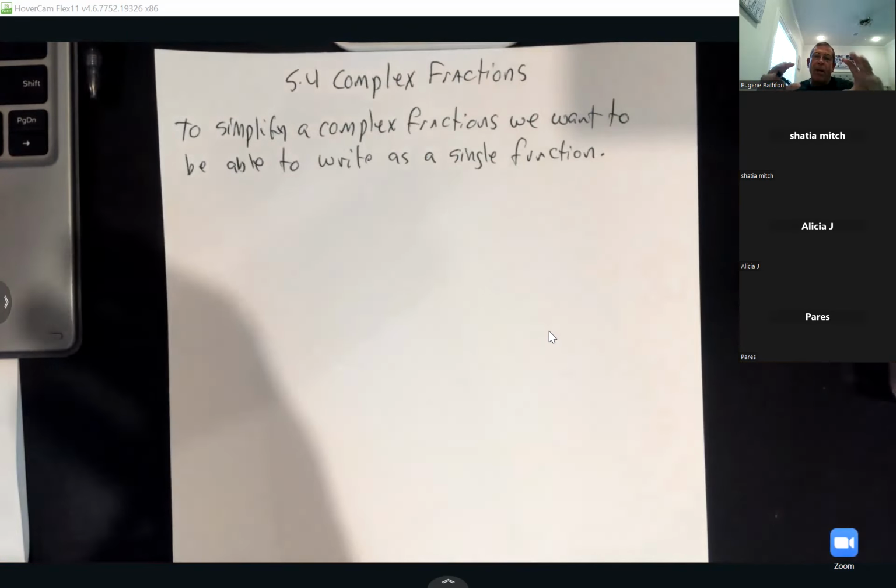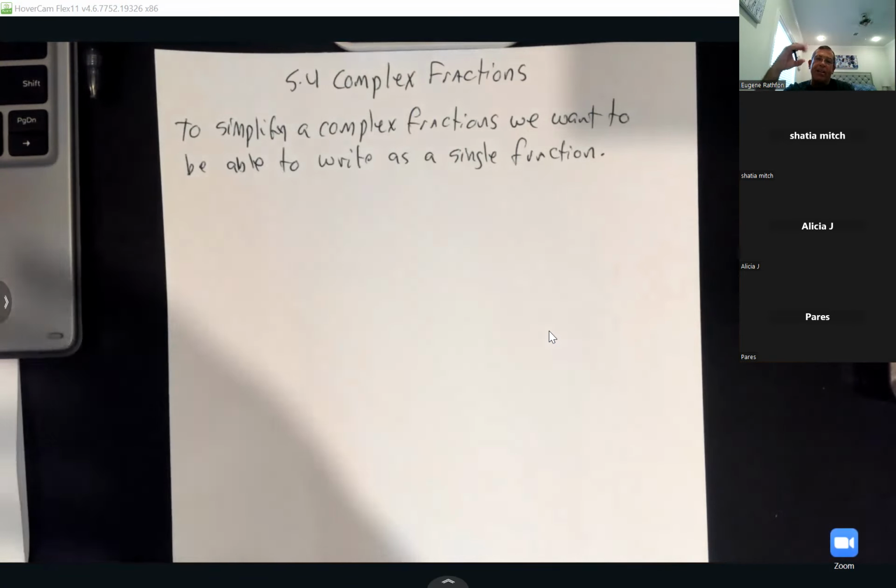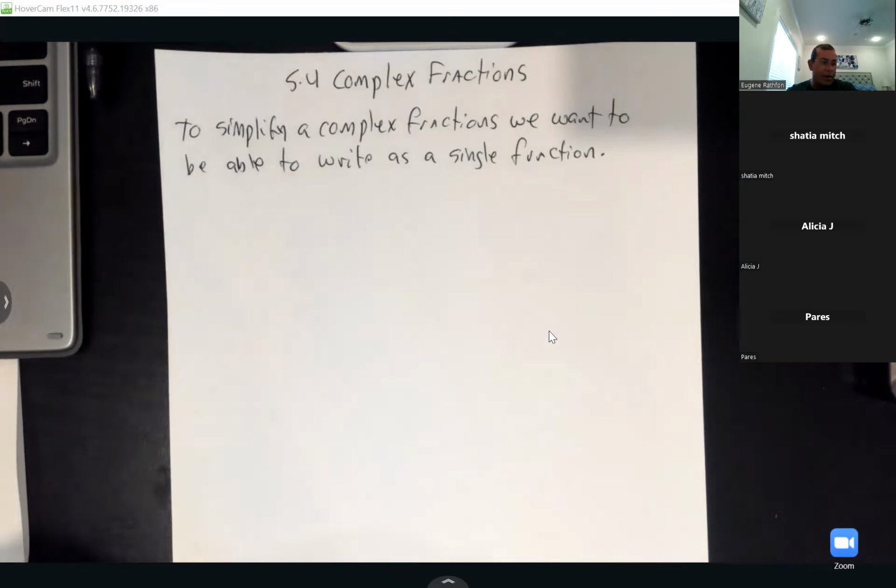So we just want one thing in the top, one thing in the bottom. We don't want fractions in either the numerator or denominator, okay?